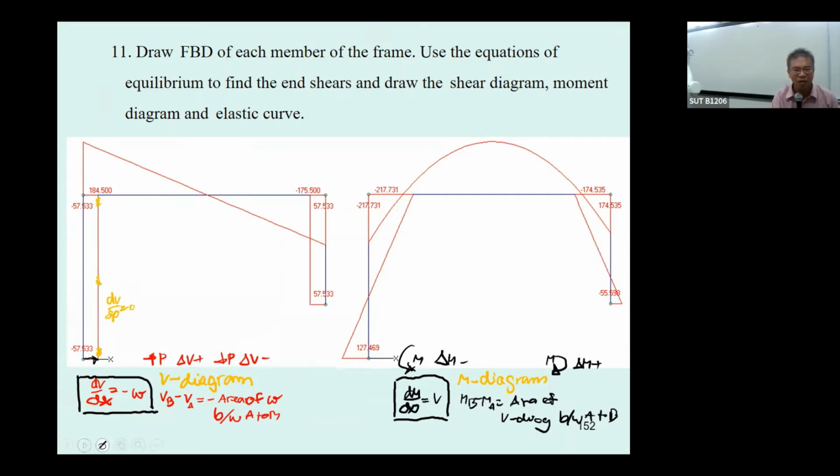Okay, and then when you come over here, you have this one going to be dv by dx equal to the negative of 37.5, and you must say this is 0. This is 0, must be 0, because you got to tell me clearly where is the point of this 0 shear. Because of what? Because it's going to produce the maximum moment here.